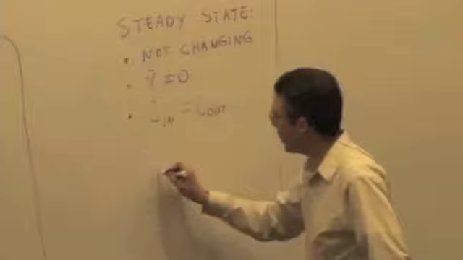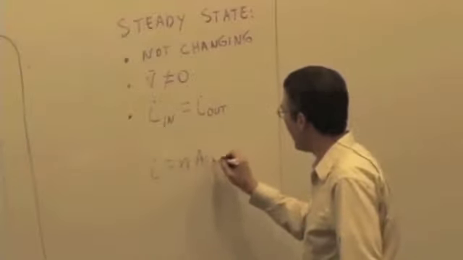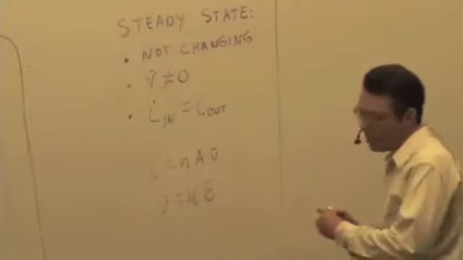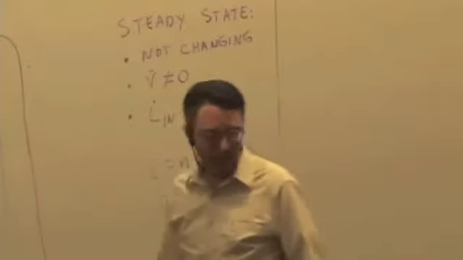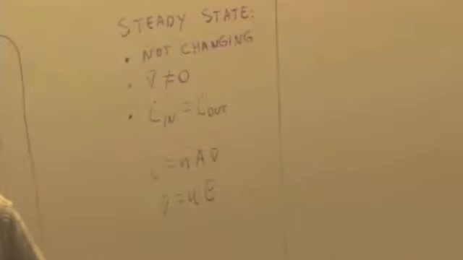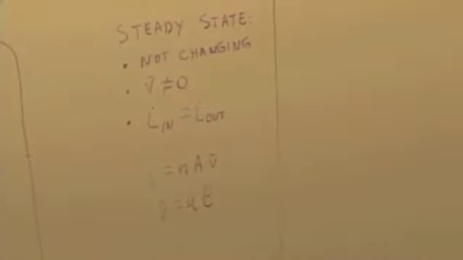And then we also know I = nAv, and v = μE. So just reminders there. So just take a minute, draw the arrows, draw the velocity vectors that represent the electron drift velocity at each little x on the top part of the diagram.